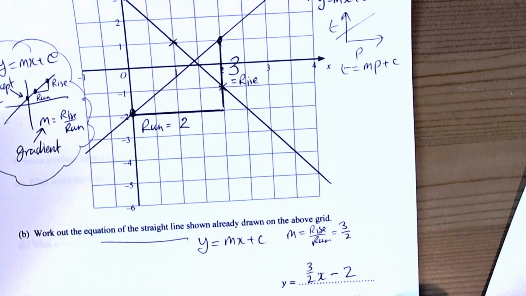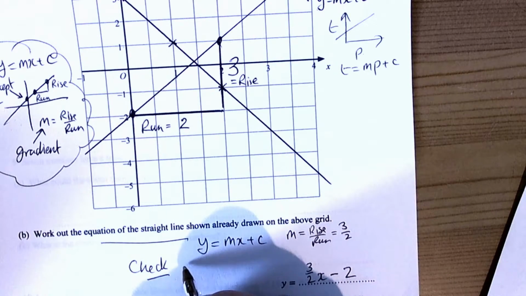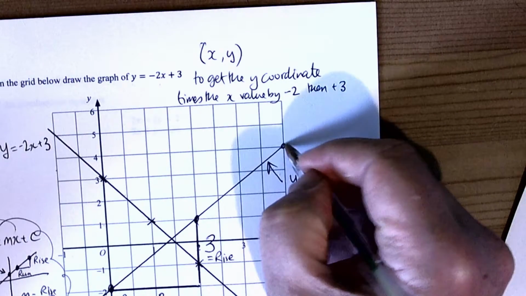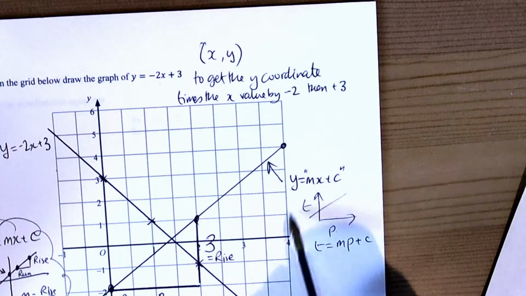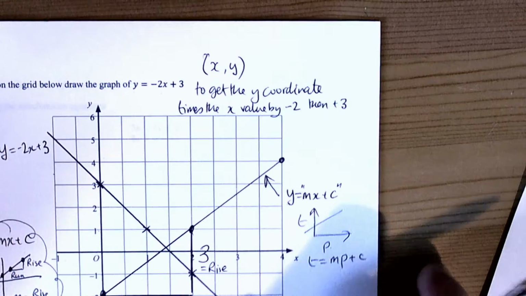Now we should check that this works, because the whole point is that any coordinate we choose should work. For example, if I choose this coordinate here, then we're expecting that when x is 4, y should be 4. So let's see whether that works.